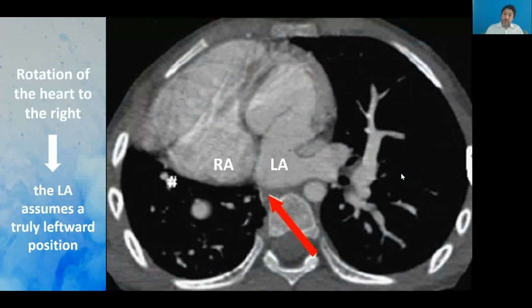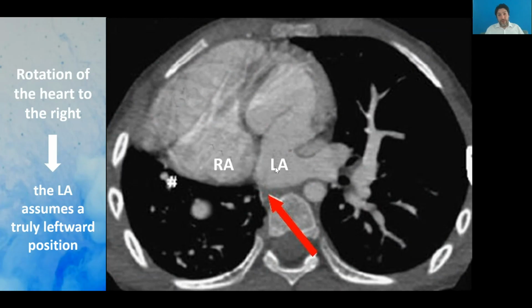Remember that the atrium is usually a posterior structure, but in these cases the left atrium goes really to the left. Here you can see the scimitar vein, and here you can see that there is no entrance of the right pulmonary veins into the left atrium, and that the left atrium is to the left when compared to the position of the right atrium.